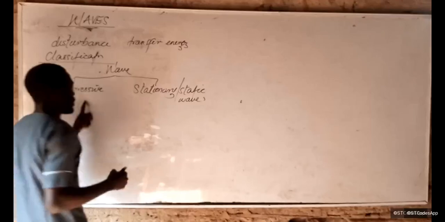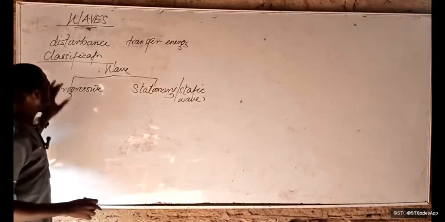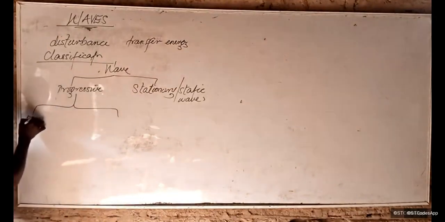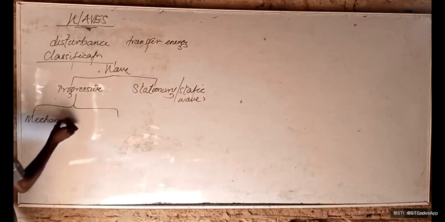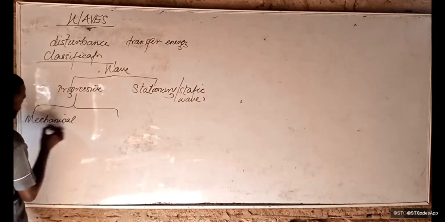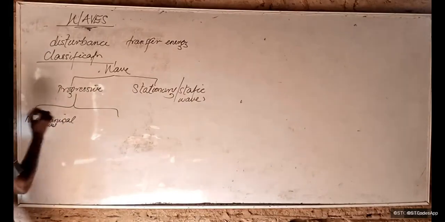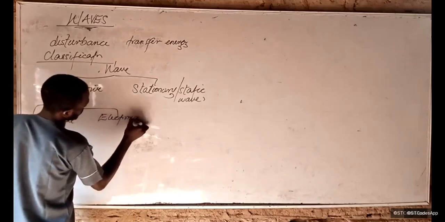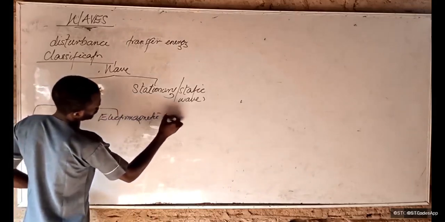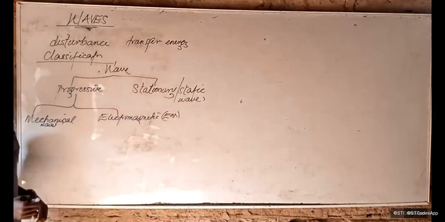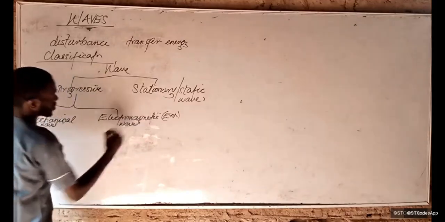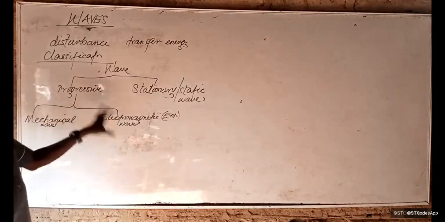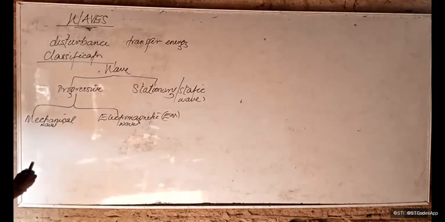All right. So the progressive waves are further grouped into two, which are the mechanical waves and the EM waves, the electromagnetic waves, or you just say EM waves, EM for short. I'm still going to explain all of this, but let me just break down the classification.